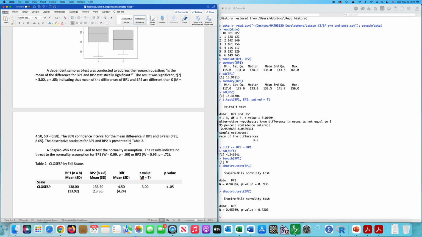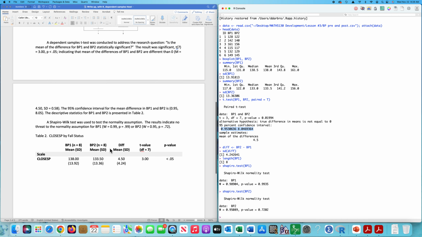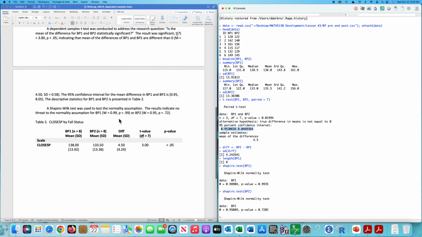The 95% confidence interval is given in the output, right? So I report that, and then I created a table down here with the mean and standard deviation for BP1 and BP2 and the differences, and the t-value and p-value.